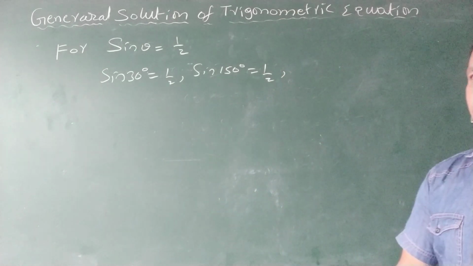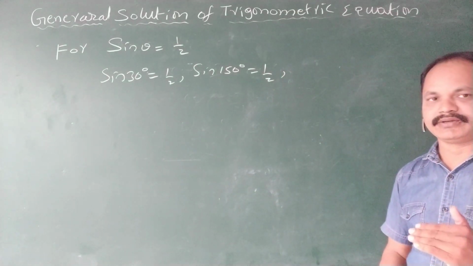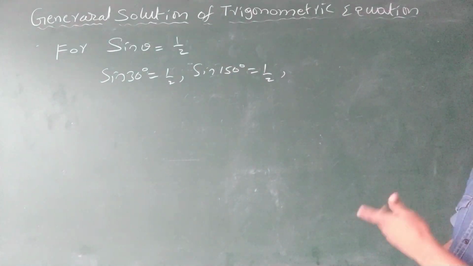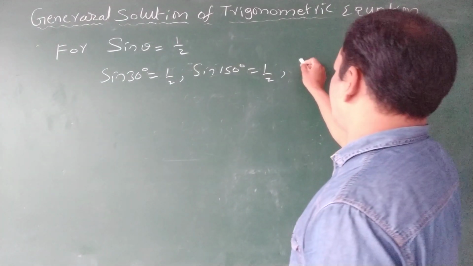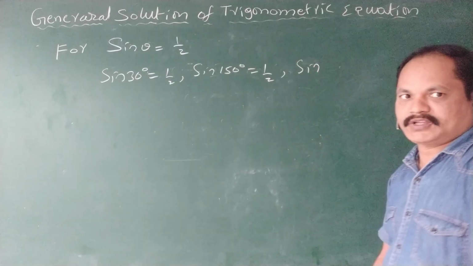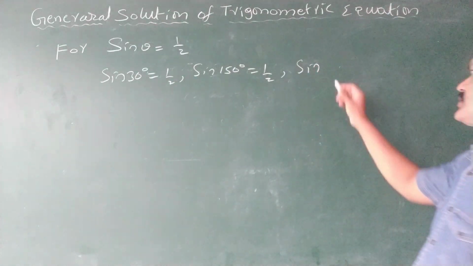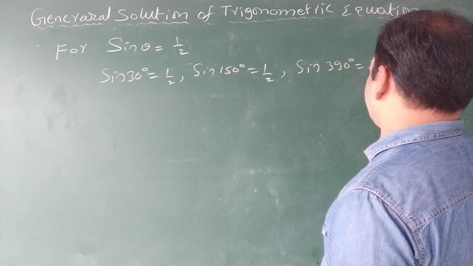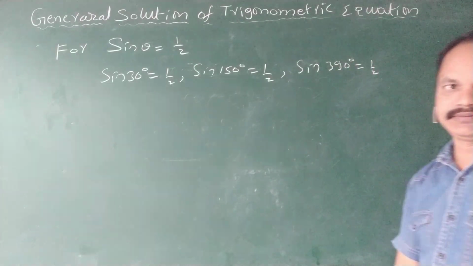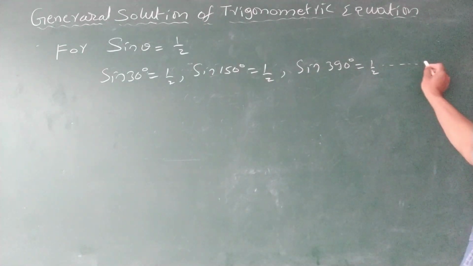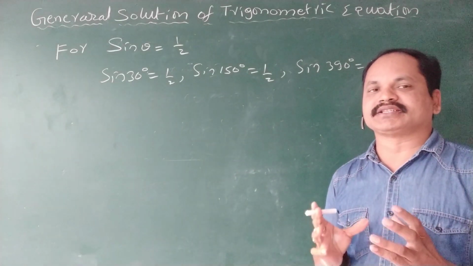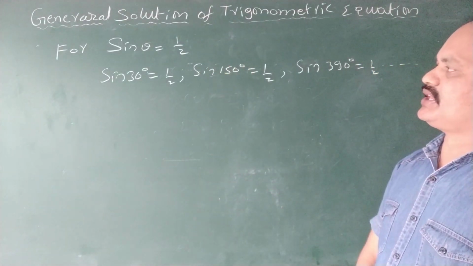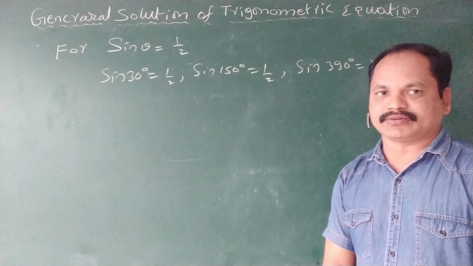And sin of 360 plus 30, that means sin 390 degrees, is also 1 by 2. So on. That means there exist infinitely many solutions of theta satisfying sin theta is equal to 1 by 2.